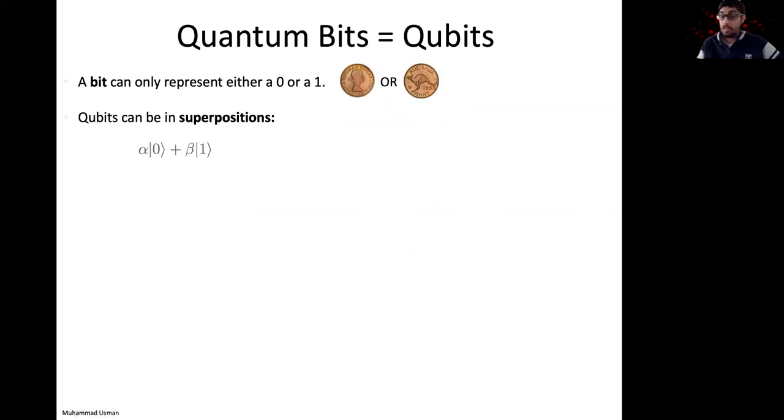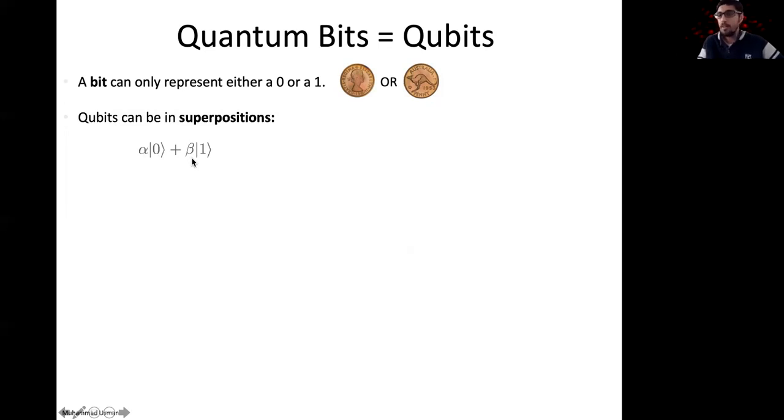However, in qubits, you can have 0, 1, or any superposition of them. By superposition, I mean you can generate a state which is alpha times 0 plus beta times 1. And now you can select values of alpha and beta. For example, you can have a situation where you have 90% of 0 and 10% of 1.